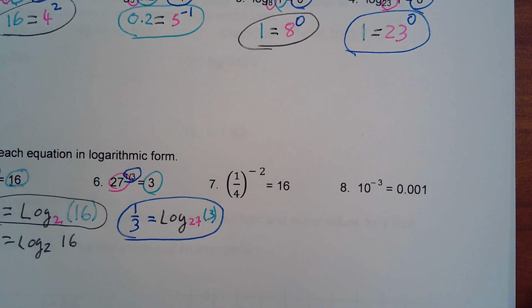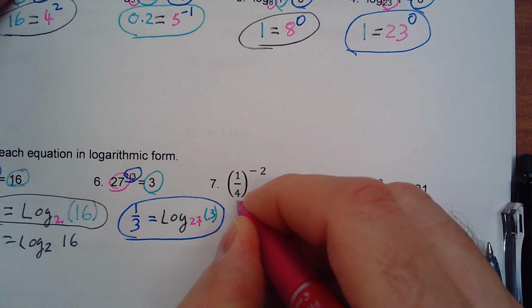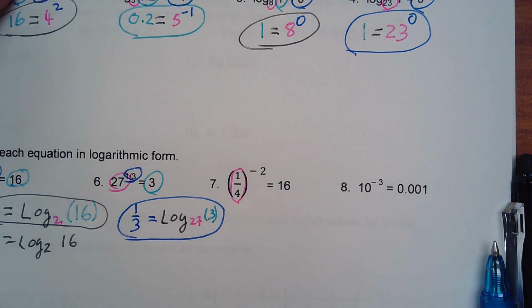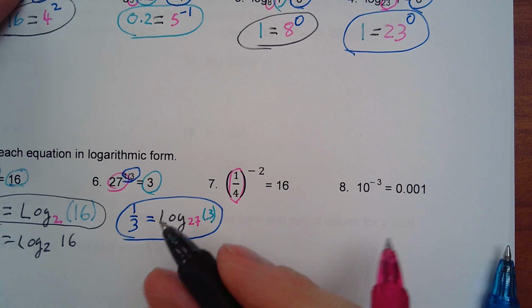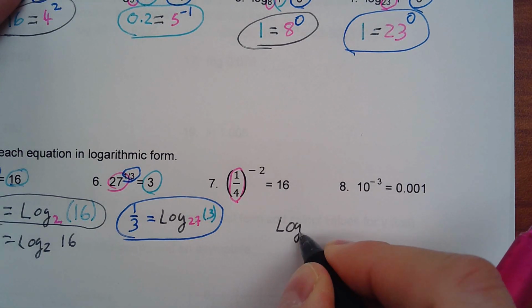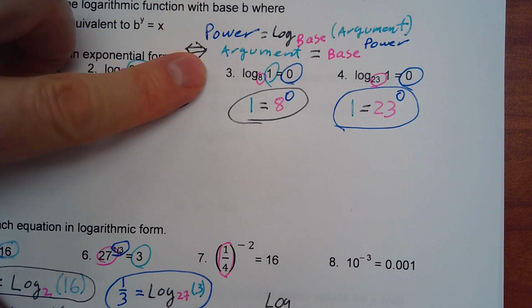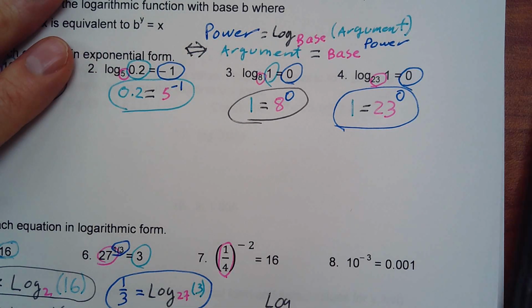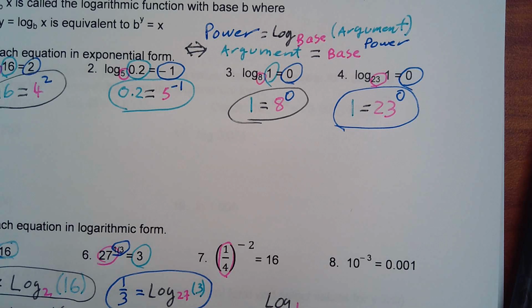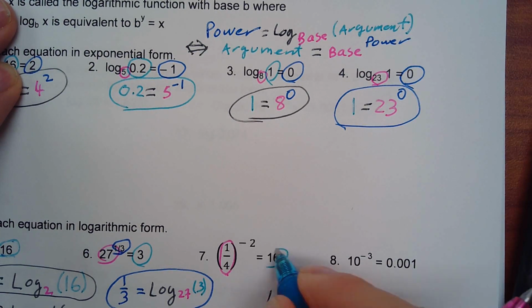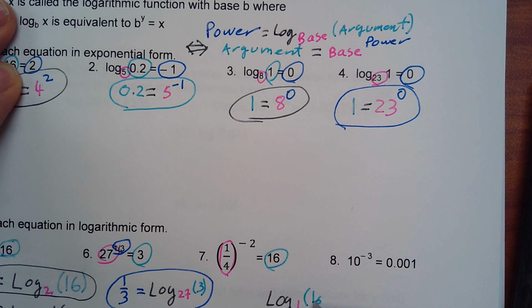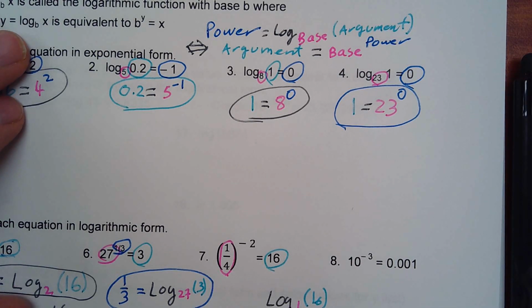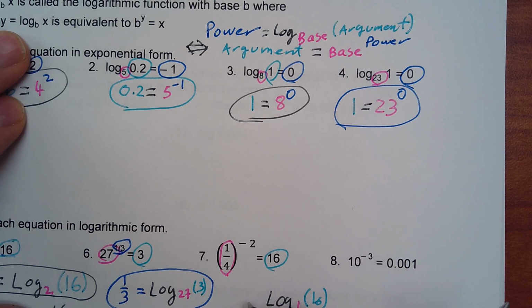For this next one, my base is a negative 1/4. Again, I'm just following this pattern up here. Taking from this form to this form. My argument here is 16. And my answer is going to be negative 2.